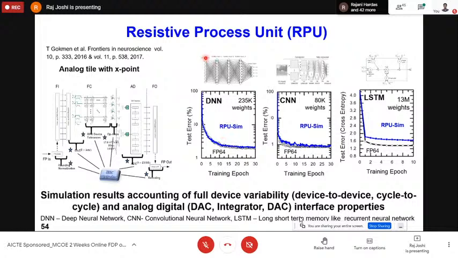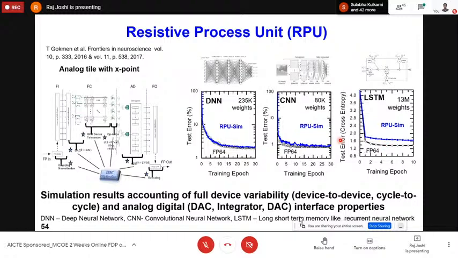And this RPU, when you use this crossbar technique and store the data and compute in the memory, what happens is that accuracy is not degraded. The test error is very similar to the FP64 benchmark, the double precision floating point. Similarly, for the CNN network and LSTM, the RPU seems to show slightly higher error compared to FP64.